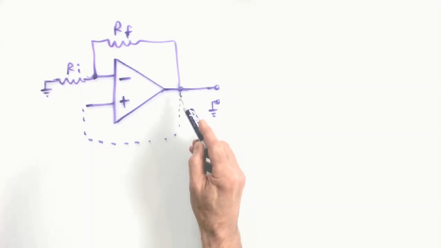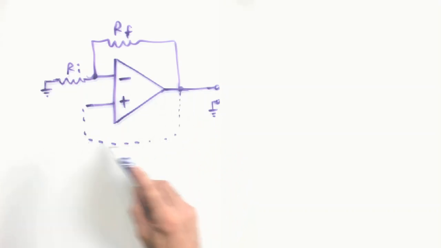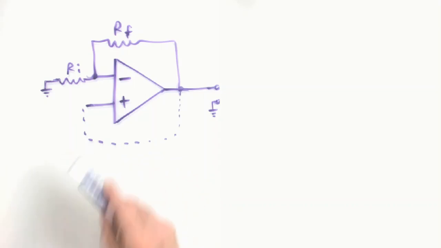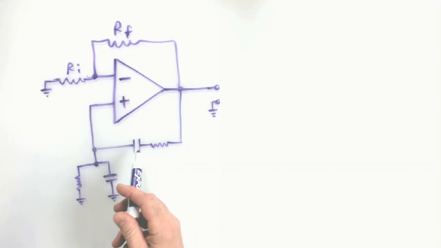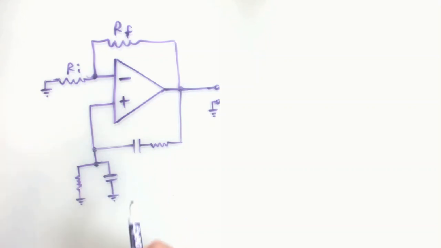But we want to have control over that, so we're going to put a specific feedback path here to get a specific oscillation that we want. Of course, there are lots of ways to create a feedback oscillator. For this example, we are going to use our bandpass network from a previous exercise.